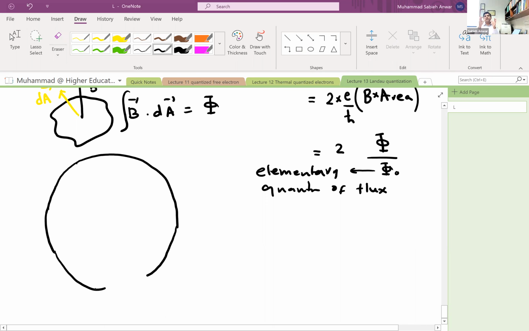So this is my Fermi sphere. Inside this Fermi sphere, I have k points, which are all quantized. They are on a regular grid. This is the reciprocal space. Let me first draw the diagram and then I'll explain it.